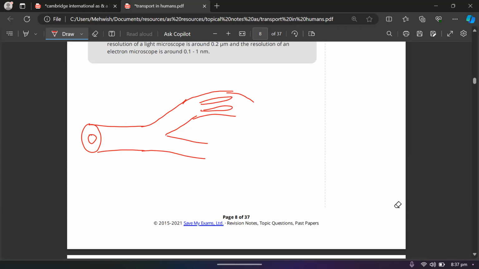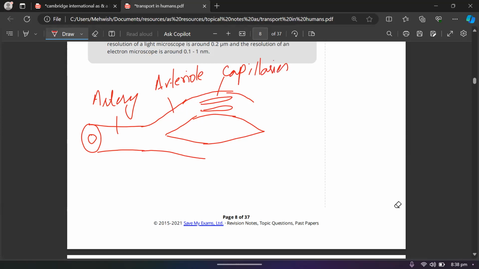And then when these capillaries join together, right? For example, here, this is an artery, this is an arteriole, and this is a network of capillaries. Can you see that? Here, there will also be a capillary bed.